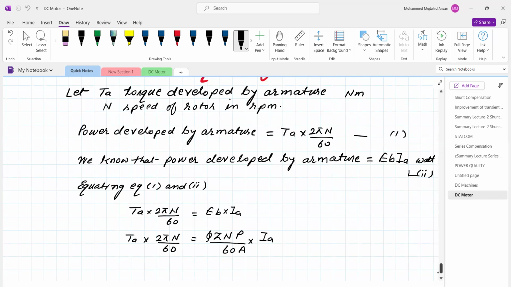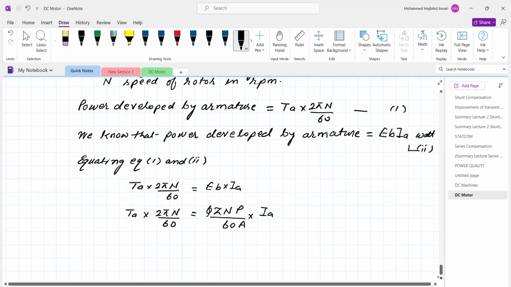The speed will not be there. So we get armature torque TA equals 0.159, by calculating the pi value, phi Z IA into P upon A, this much Newton meter.